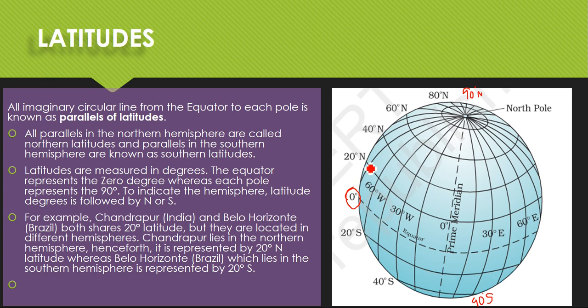So Belo Horizonte can be represented with 20 degree south, and Chandrapur can be represented with 20 degree north.